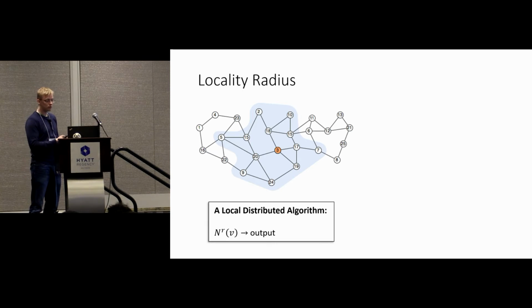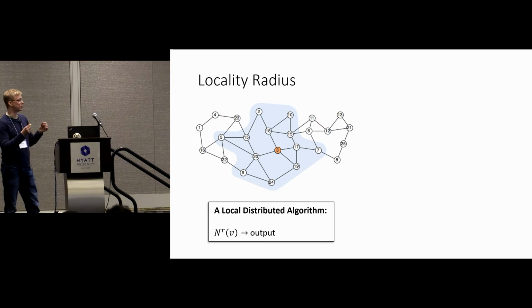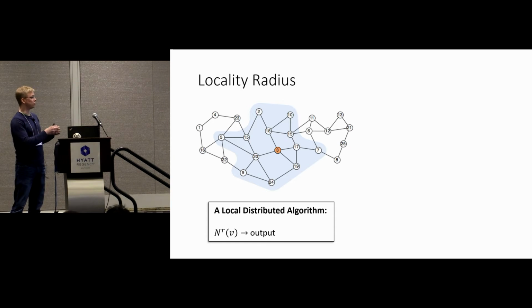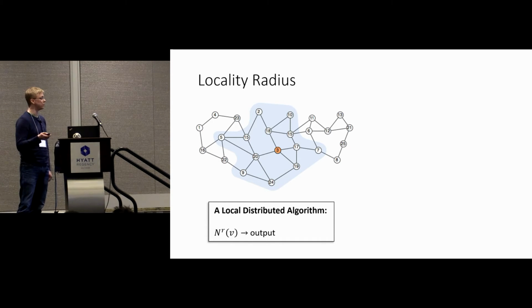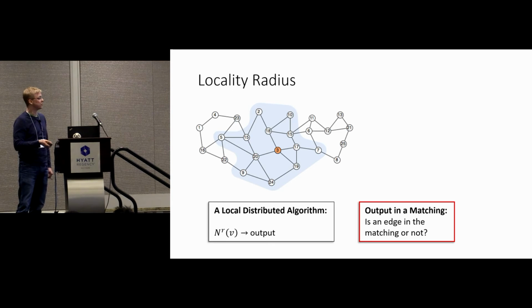But the basic idea here is that you want to solve graph problems such that you take, let's say, a node, or an edge in our case for the matching, and this edge is allowed to look up to r rounds around it, and then it has to decide whether it's in the matching or not. And this may sound kind of trivial, but the crux is that you have to do this for all the edges in parallel. So every edge at the same time must decide whether it's in the matching or not by looking at their r-hop radius, the topology of the graph in their r-hop neighborhood.